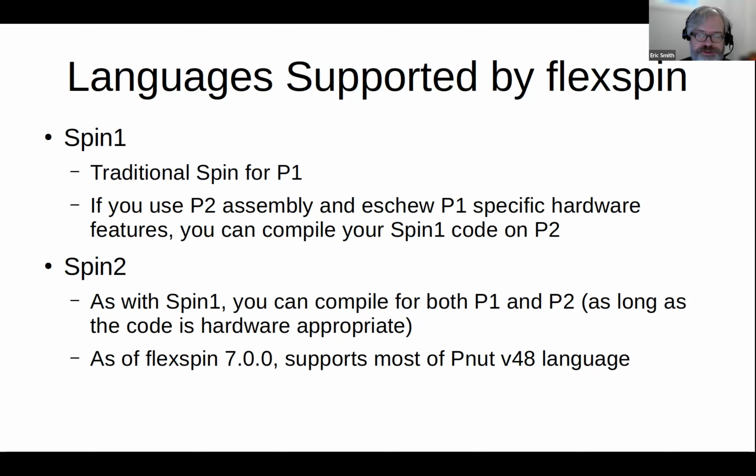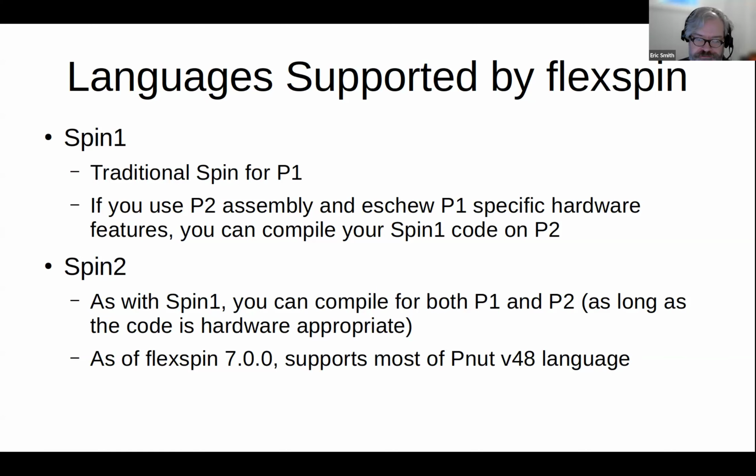For FlexSpin, the difference between Spin 1 and Spin 2 is mainly syntax rather than which hardware it's targeted for. So if you use P2 assembly in your DAT section and don't use any P1 keywords, your Spin 1 code will work on P2. And similarly, you can compile Spin 2 code for P1 as long as you use P1 ASM in your DAT section and so on.